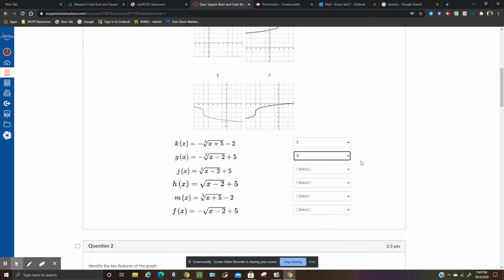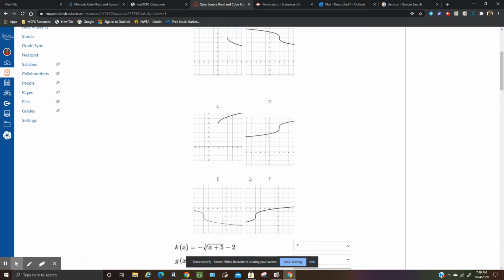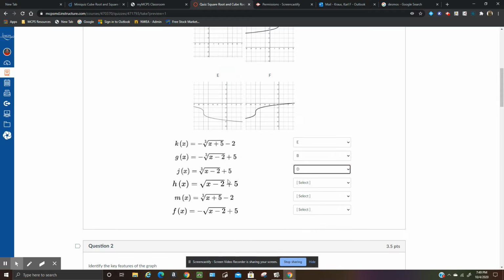That's this one, D. And then the square root where the endpoint is 2, 5, not reflected, is C. And then the cube root with -5, -2 as the point of symmetry, not reflected, that's F.